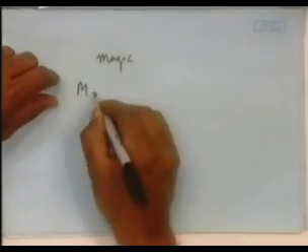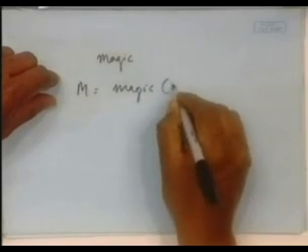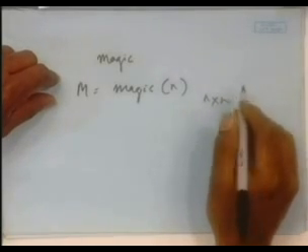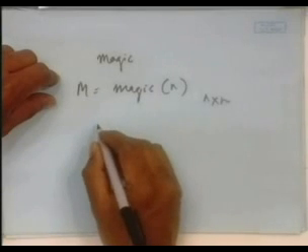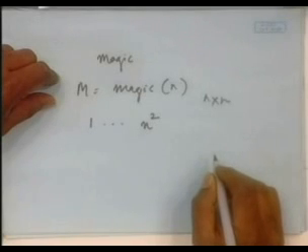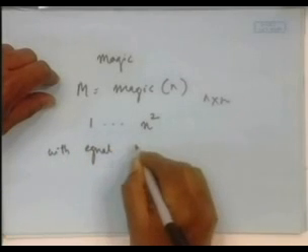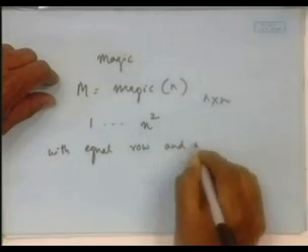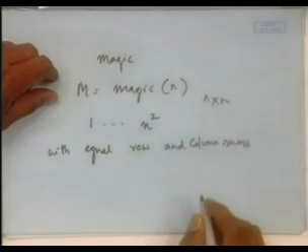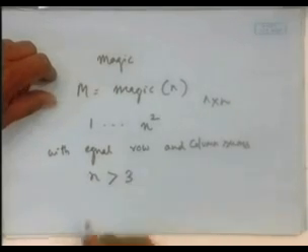Suppose you write magic n, it will give you an n cross n matrix whose elements are constructed from the integers varying from 1 to n to the power 2, with equal row and column sums. The condition is that n must be greater than 3, right?